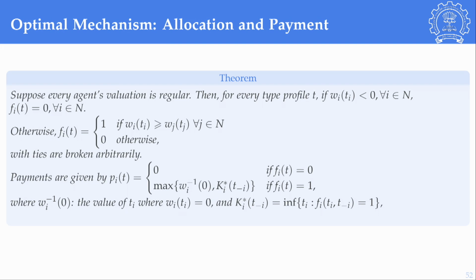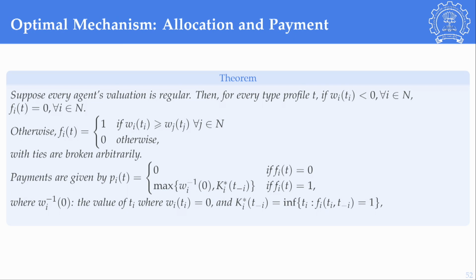This Wi is a monotone function, so when you invert the 0 point, you get the point like this one, beyond which we will definitely sell it. It also should be the point where the second highest valuation is beaten. So this is the minimum type for agent i where he starts becoming the winner. That means his virtual valuation has started becoming the largest one. That is the way to think about it, even though the formal definition is here.